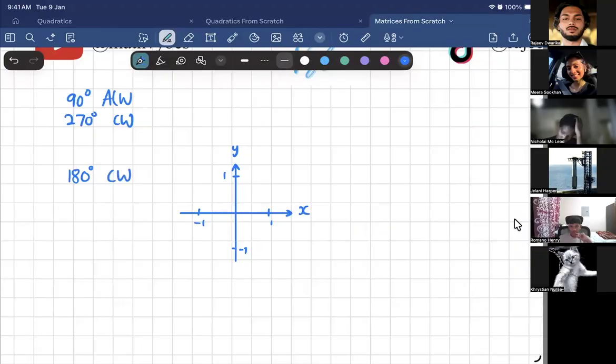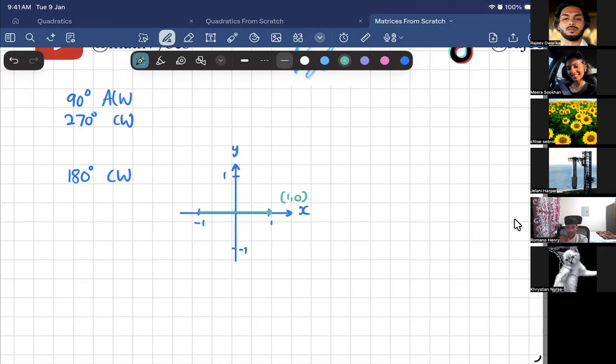Let me just say that is 180 degrees clockwise. So let's start off over here, Chloe. If I start off over there, what is our point? 1, 0. If I rotate 180 degrees clockwise, wouldn't I end up over here?